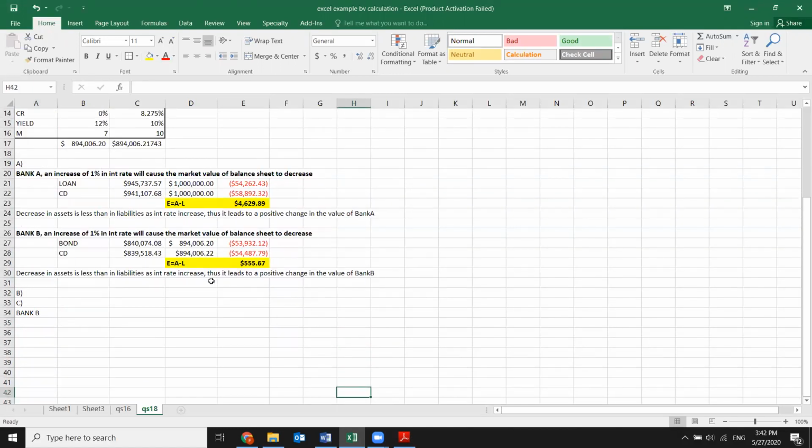We are trying to calculate the sensitivity, how sensitive they are using the duration, so timing, cash flow, discounted cash flow, and time T times discounted cash flows. For timing, we have 10 years for CDs, Bank B with CD case.